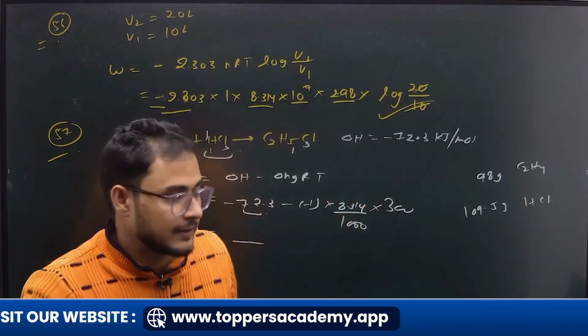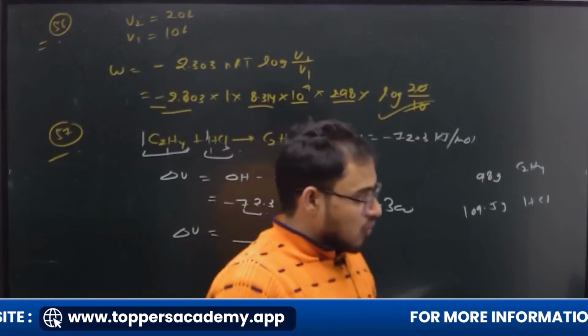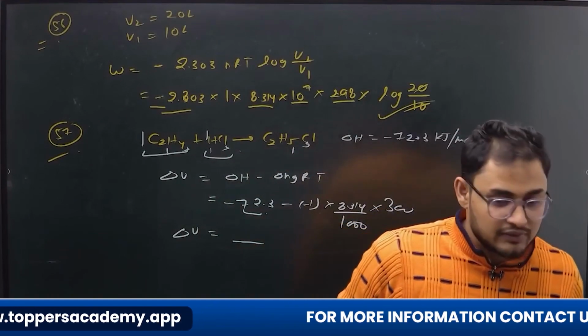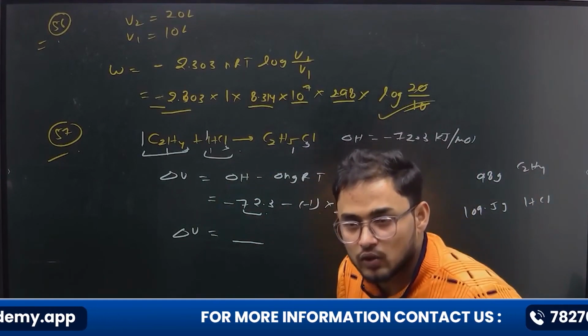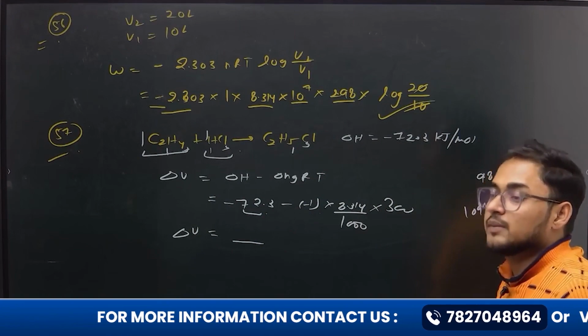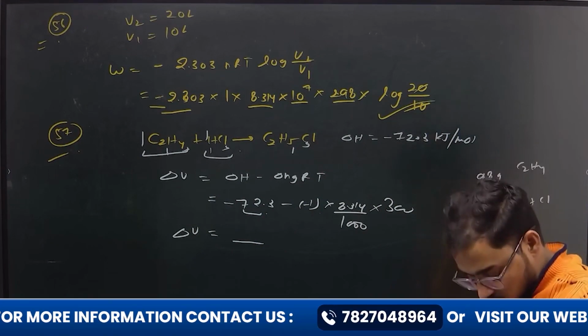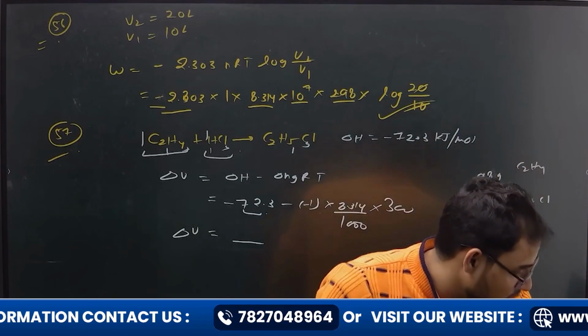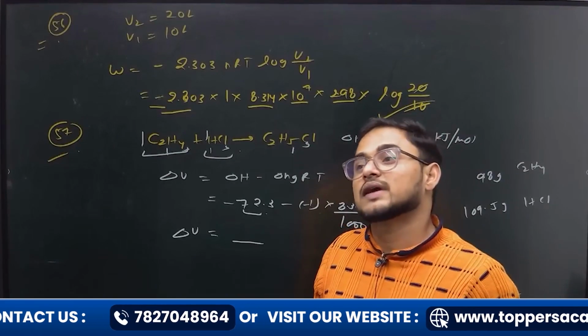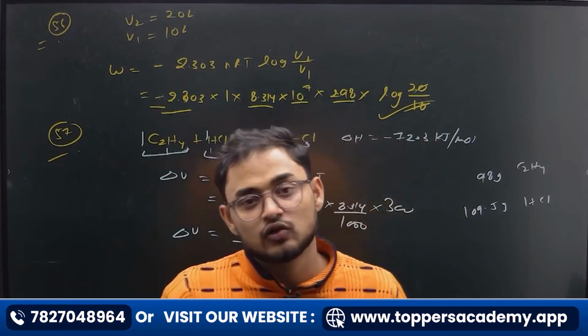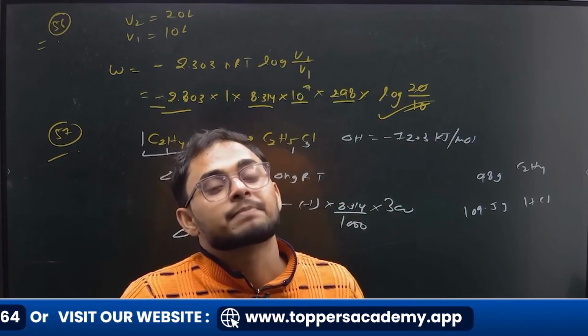So obviously the one which is low in the number of moles will be the limiting reagent. The limiting reagent will decide the amount of product, so we will have to decide the value of delta U according to the limiting reagent.